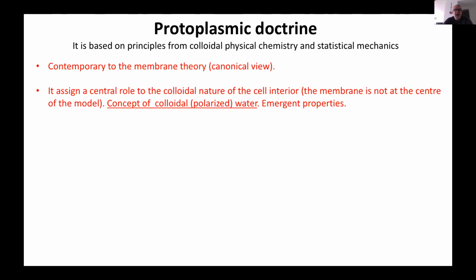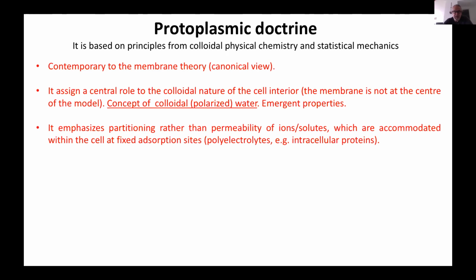Basically, it will assign a central role to the colloidal nature of the cell interior. So membrane is not at the center of the model, right? It also uses the concept of colloidal water or polarized water, which is led by the experiments of Graham in dialysis way back in time. And of course, it puts a lot of emphasis on the emergent properties of the systems, right?